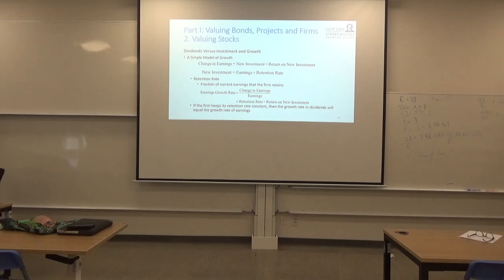This one. So 12% minus 7.5% gives us 1.5 divided by 8.5. And if I remember correctly, this was $33.3.